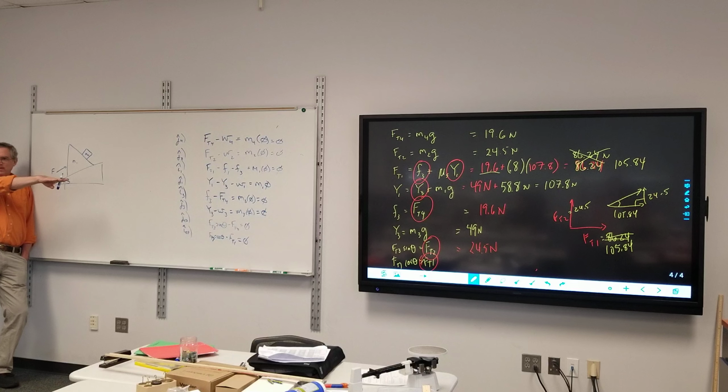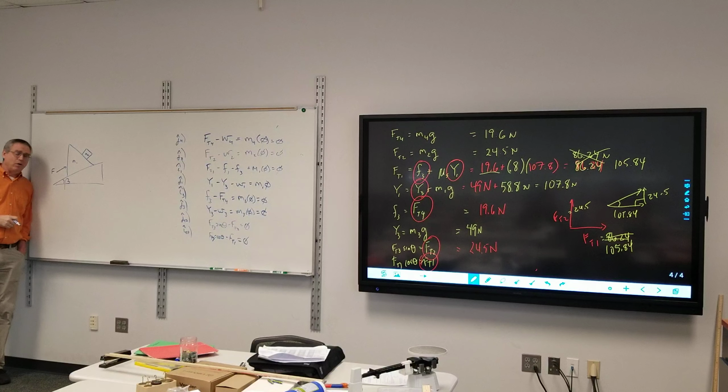Or vertical. Up the ramp. It's either gonna be up the ramp or down the ramp, but I don't know which one. But I know the acceleration is gonna be along this line right here, unless it's digging into the ramp or coming off the ramp.